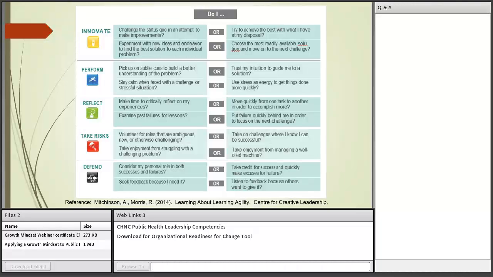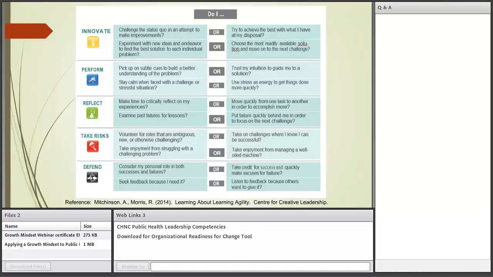So if you have a piece of paper and a pen in front of you, I would like you to draw a table with 3 columns. I'll just pause as people are doing that. And I would like 5 rows. In the first column, first row, on the leftmost column, write the word innovate.